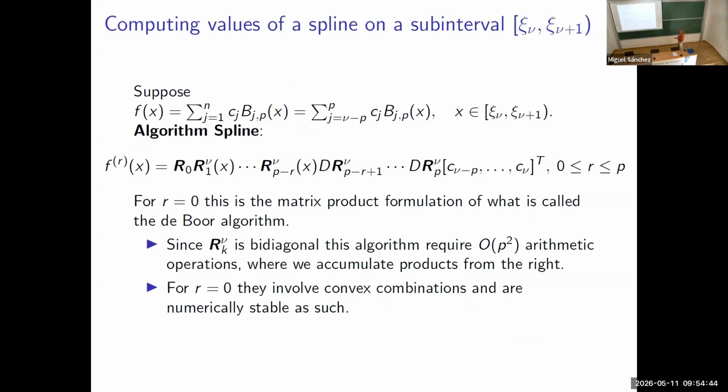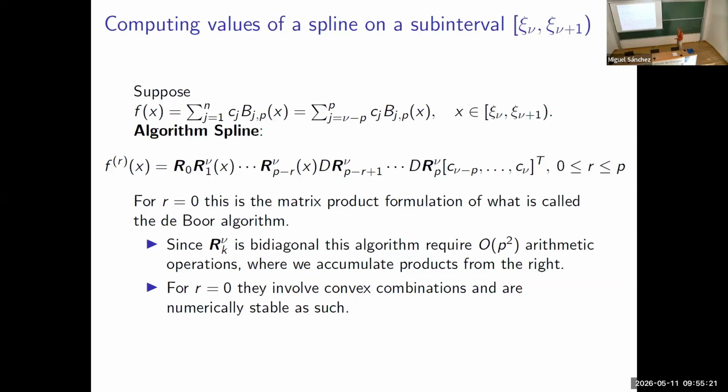Suppose you have a linear combination of B-splines, and if you are in this interval, you have just j from nu minus p to nu, and then if you want the rth derivative, you use the derivative formula with p minus r matrices Rk, and the derivative matrices, and then you multiply by the coefficients involved in this sum, c nu minus p to c nu, and the transpose, because I consider this as a column vector.